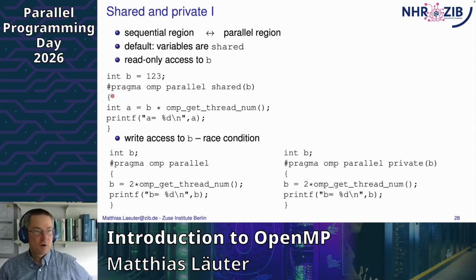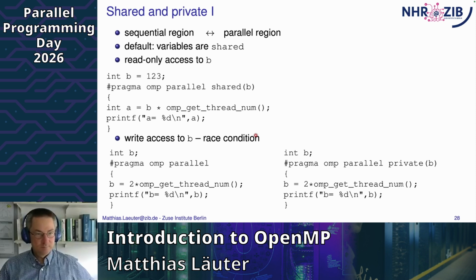So before I start a parallel region, I can have some variables, something like a variable b here. If I say, please consider b to be shared, then the value 123 is available in the parallel block. And of course, because the default is shared, I can even remove this shared statement. This will do the same job.